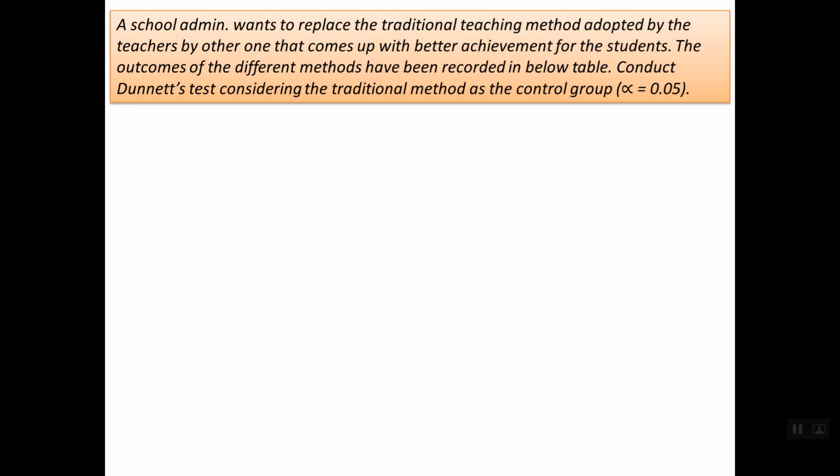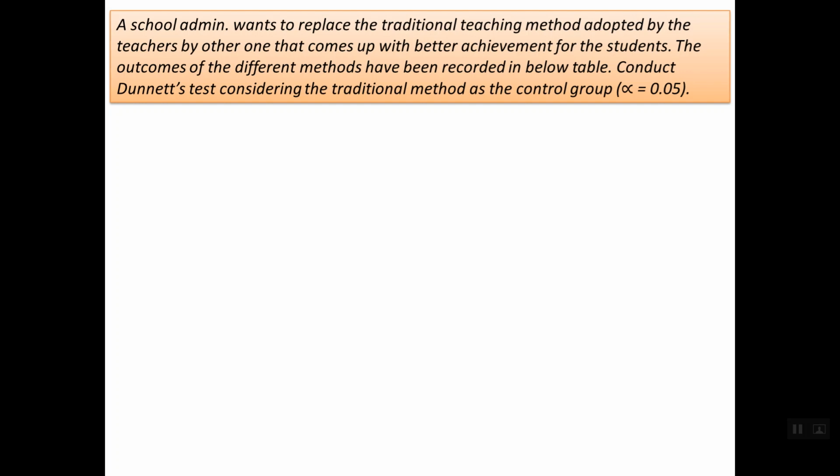So the case we want to study is that a school admin wants to replace the traditional teaching method, which is adopted by the teachers, by a new one that comes up with better achievement, or better outcomes, for the students.